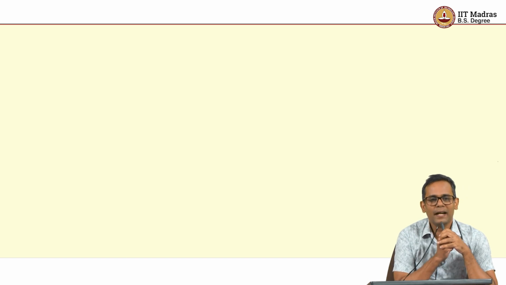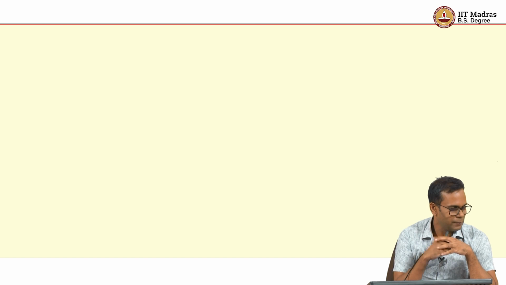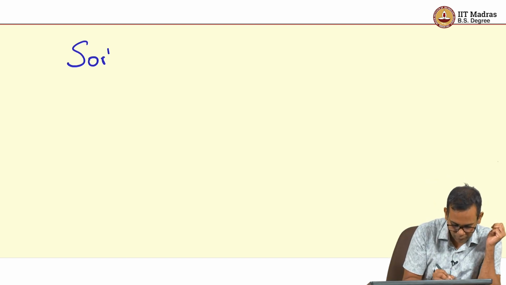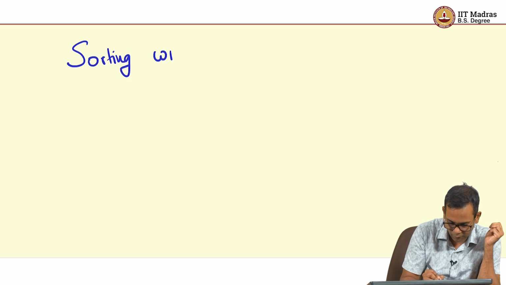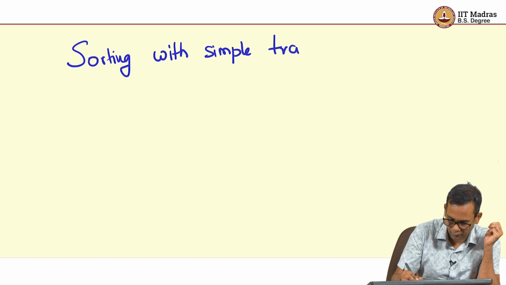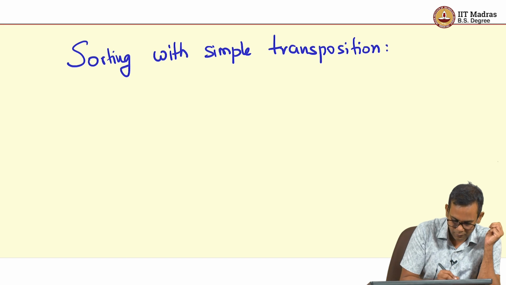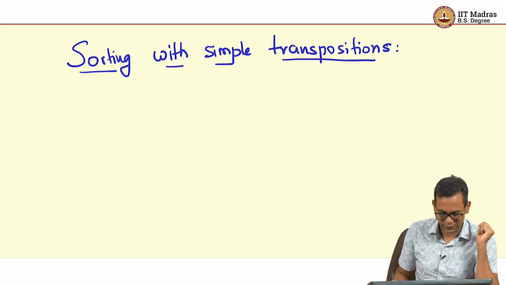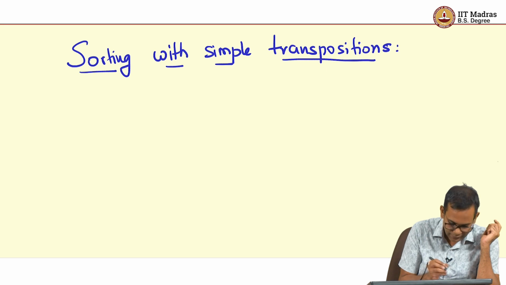Okay, so I told you that permutations come up in the study of sorting algorithms. So let me explain the notion of sorting with simple transpositions. So now I will think of a simple transposition as an operation on a permutation. So I will call it again s_i.